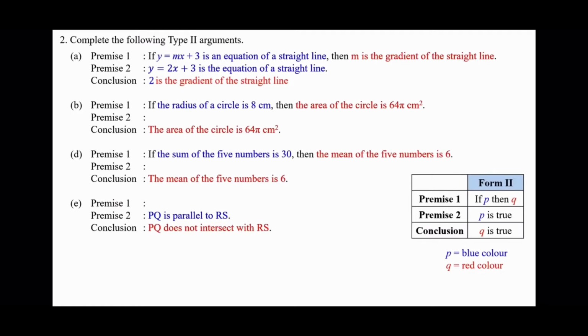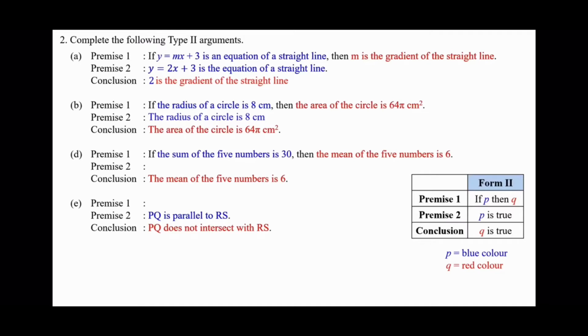So the answer for premise 2 in B is the blue statement there. Can you see? That is the P statement, without the if. So the radius of a circle is 8 cm. That is the right answer for premise 2.